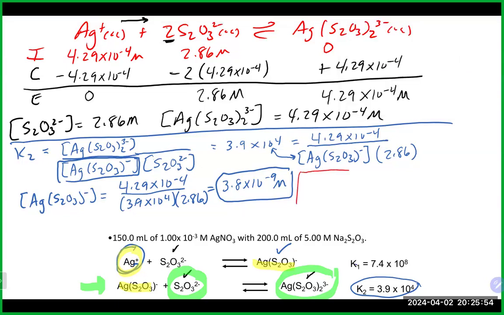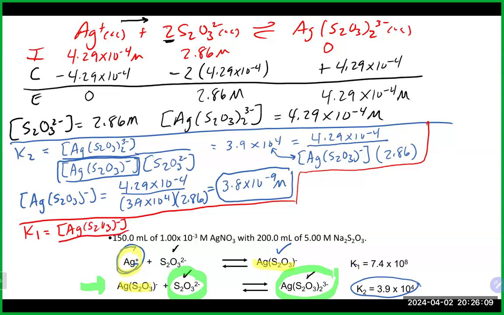Using our first step, K1 will equal the concentration we just solved for, divided by our silver concentration, which is what we're looking for, and our S2O3 2 minus, and that will equal our K1 value of 7.4 times 10 to the 8.